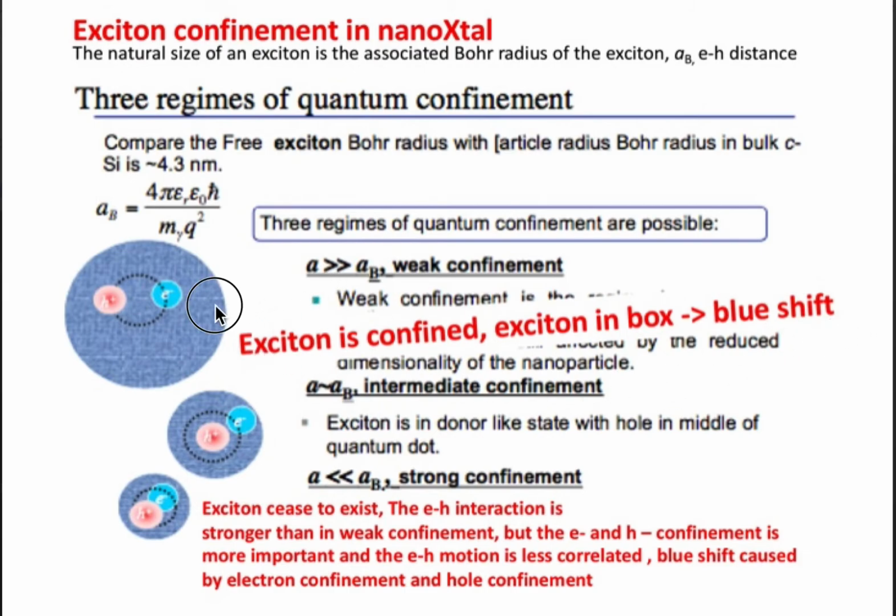In strong confinement, the blue shift is due to confinement of electrons and holes separately. The electrostatic interaction between electron and holes is larger than under weak confinement, but the exciton states are not populated. The wave functions of electrons and holes are no longer correlated in strong confinement.